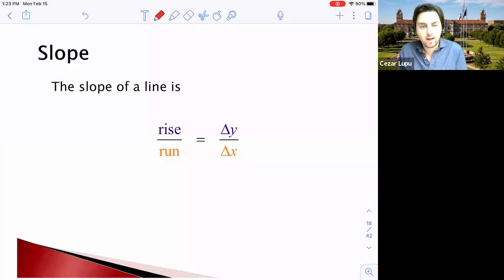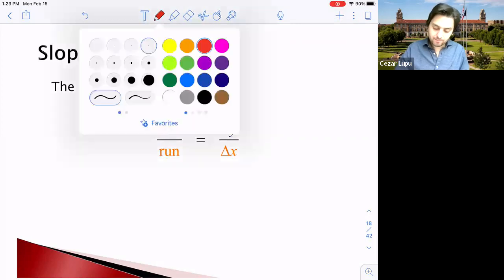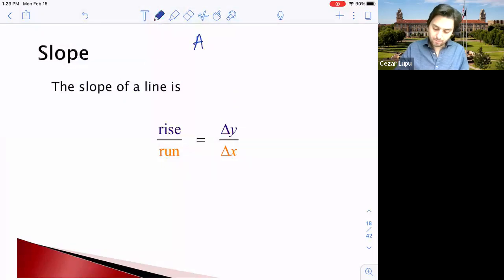Right? We can have a line and we can write this in slope-intercept form. So for example, for a line you say y equals mx plus b. So this is in slope-intercept form.